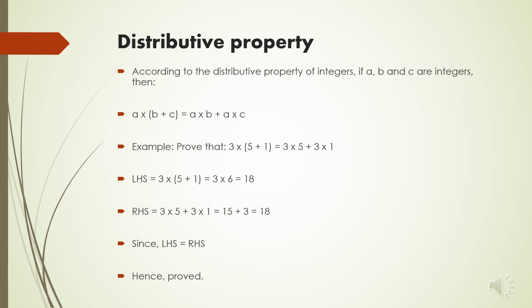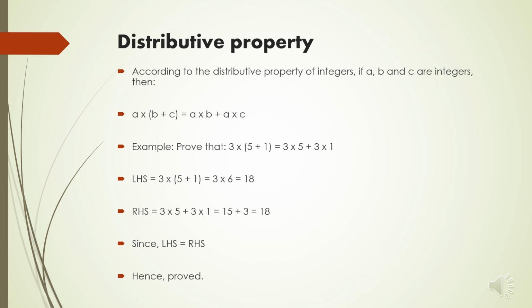The fourth property which we will be discussing is the distributive property. According to the distributive property of integers, if a, b and c are integers, then a into (b plus c) should be equal to a into b plus a into c. For example, we can prove that 3 into (5 plus 1) will always be equal to 3 into 5 plus 3 into 1.